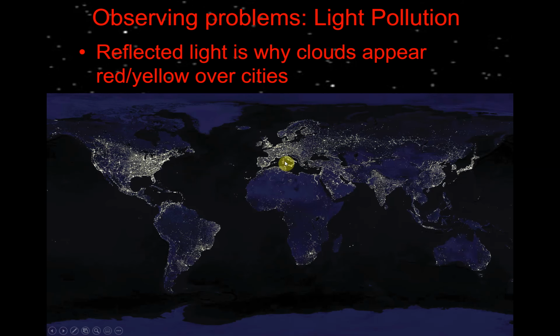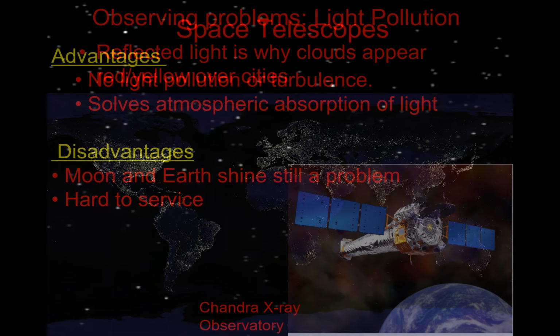And this means that viewing from these locations is getting progressively worse. If you go outside on a particularly cloudy night, you might see a red or yellow tinge to the clouds. That is actually a result of light pollution, light from the cities reflecting back off the clouds.